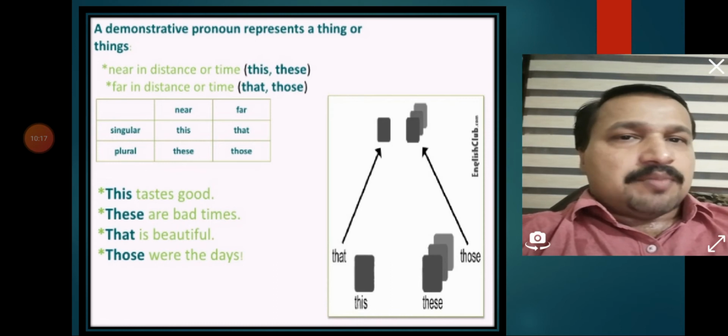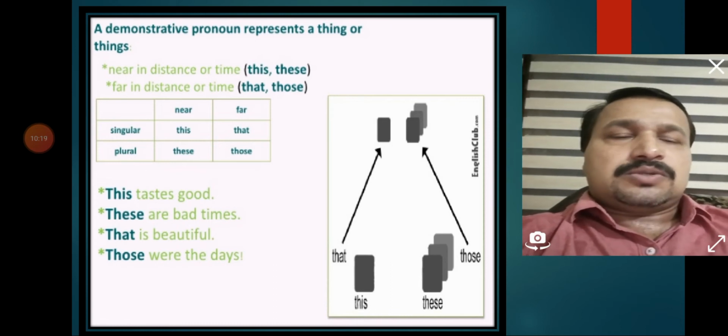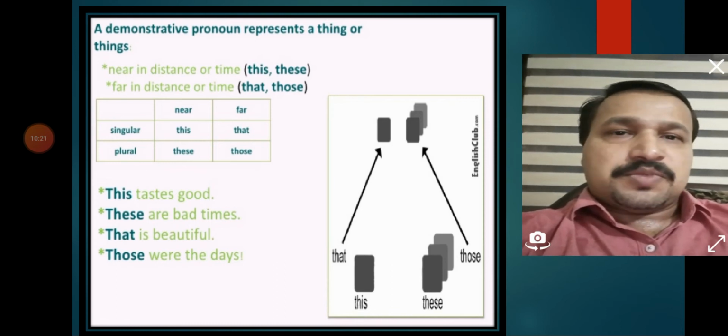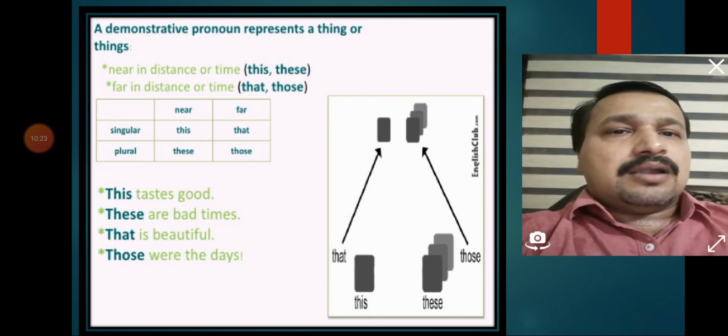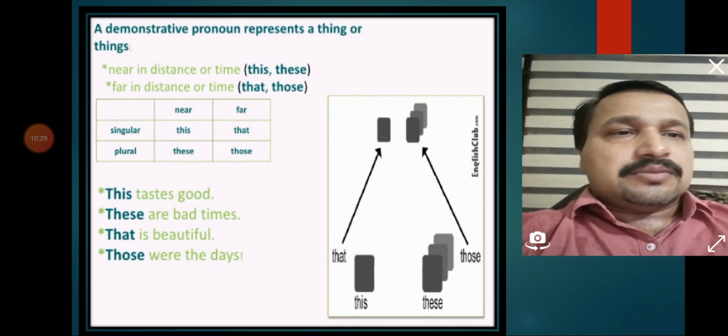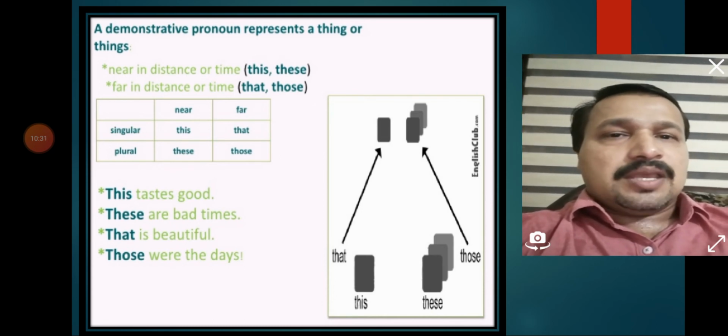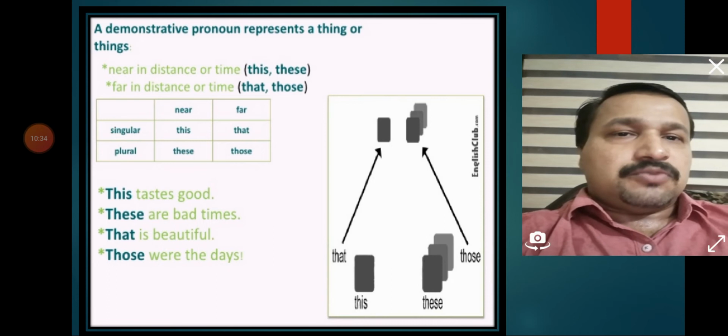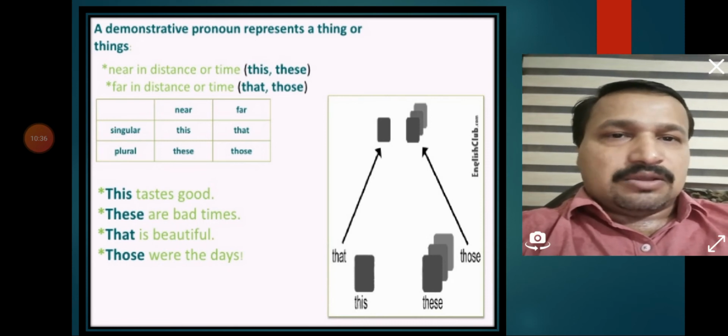For example, this tastes good. That means it is a closer object. These are bad times. There, these says something about the events that are going on, in the plural sense. That is beautiful. There, that is used in singular form.